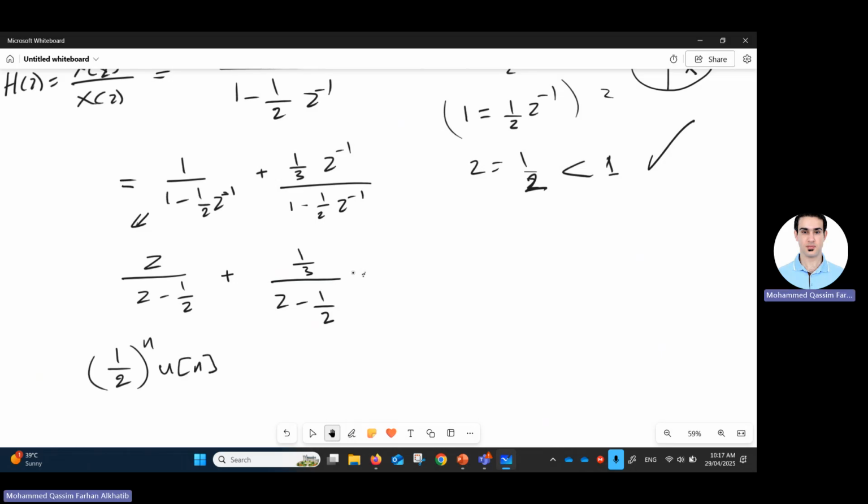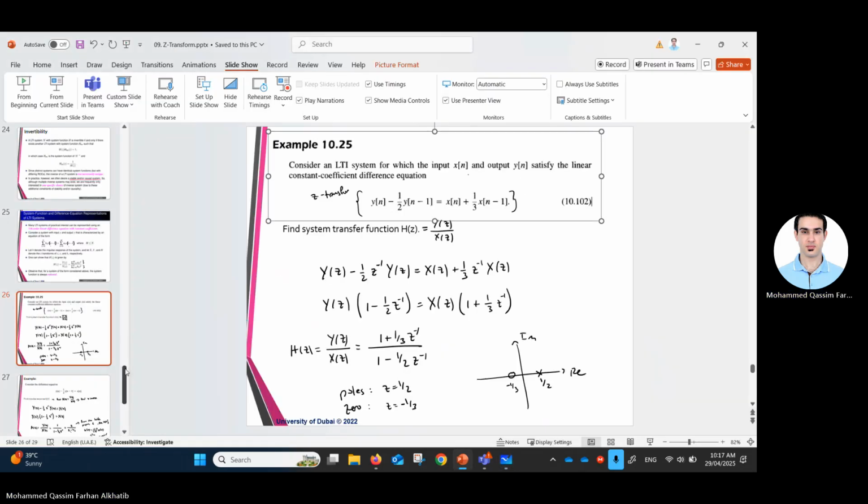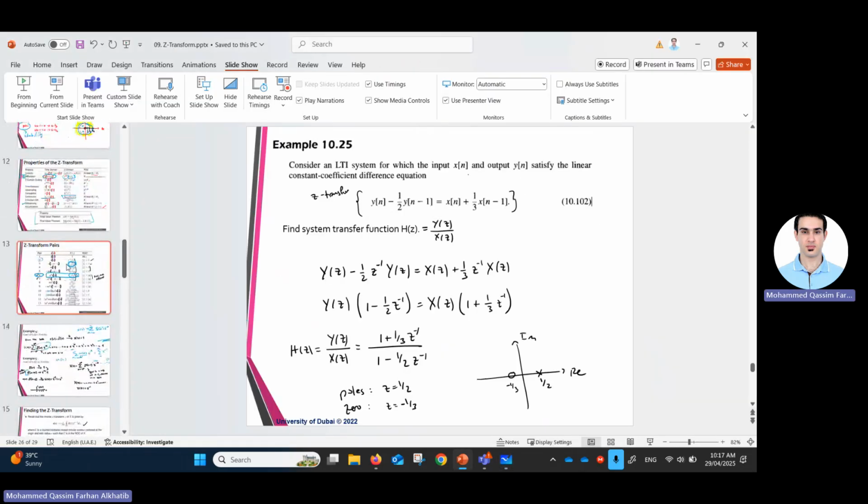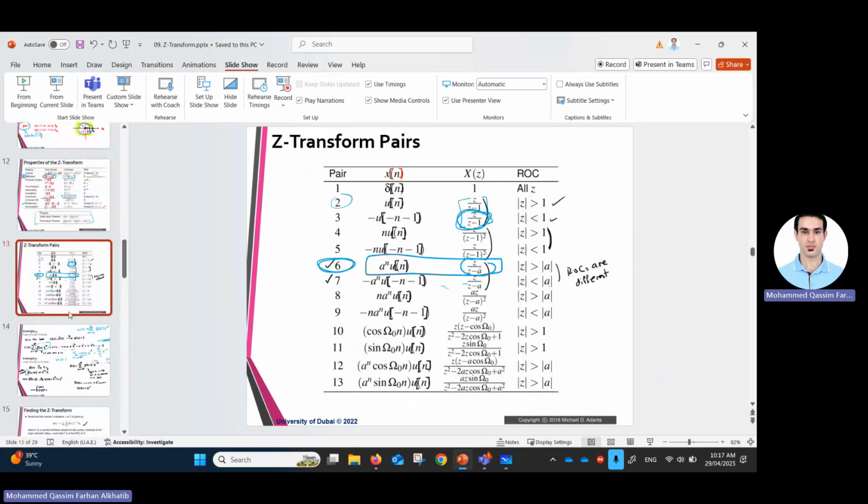What about this one? Tables. Check the tables. Let's hope you have something like that. And if not, we will force it to be something like that. So do we have a case where you have a constant over z minus something?